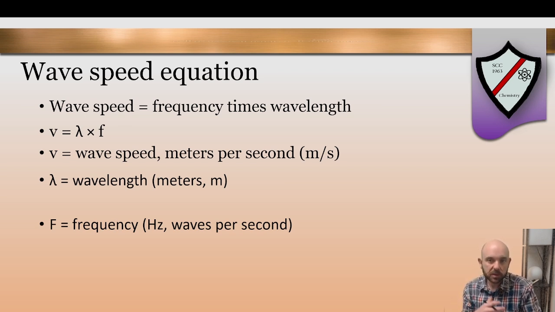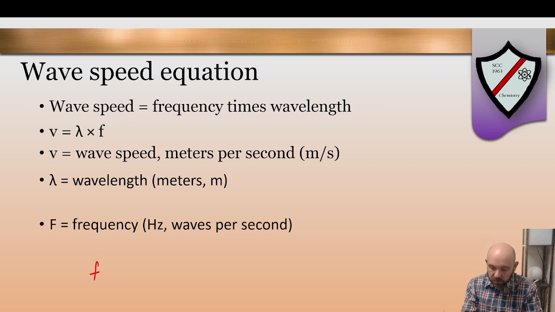We can also manipulate this formula to figure out what a wavelength is given speed and frequency, and we can manipulate this formula to figure out what a frequency is given speed and wavelength. Those formulas rearranged look like this.